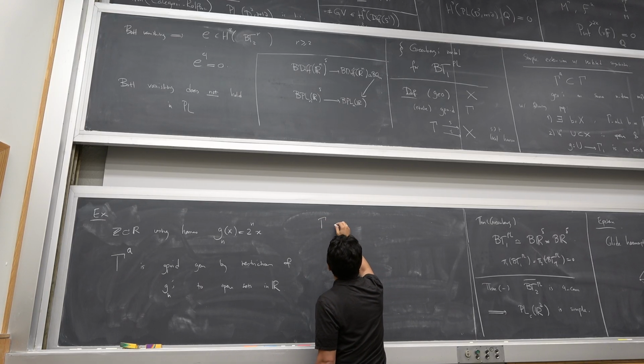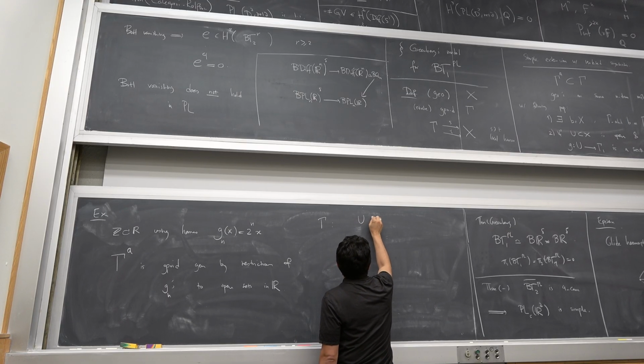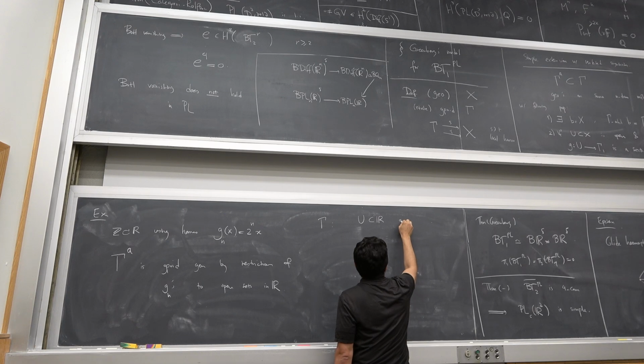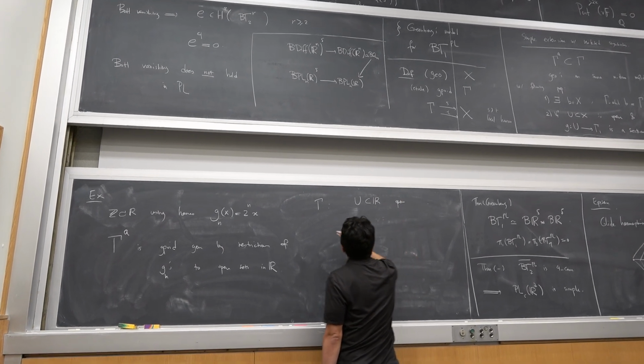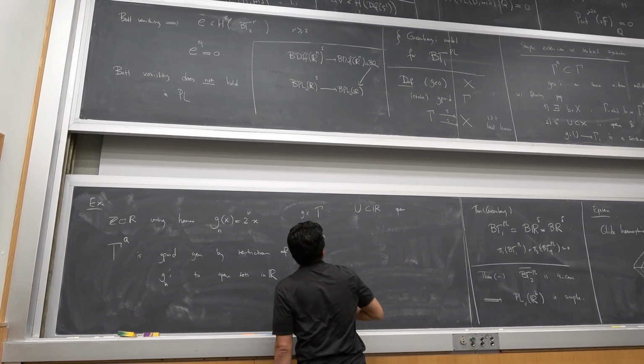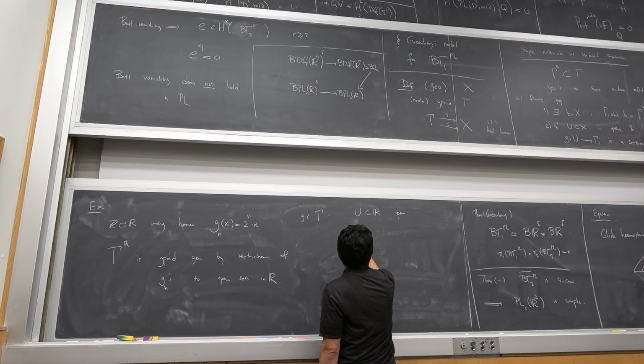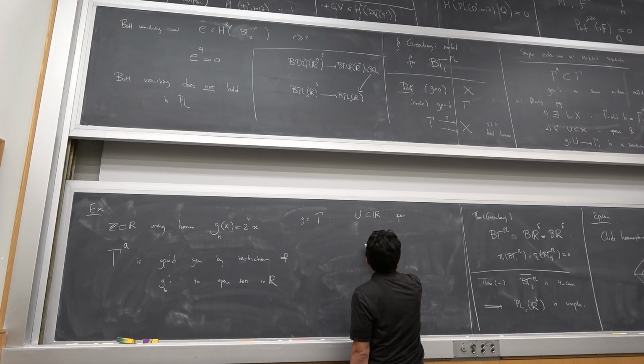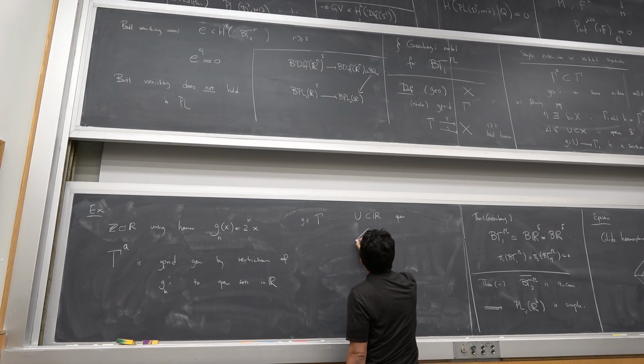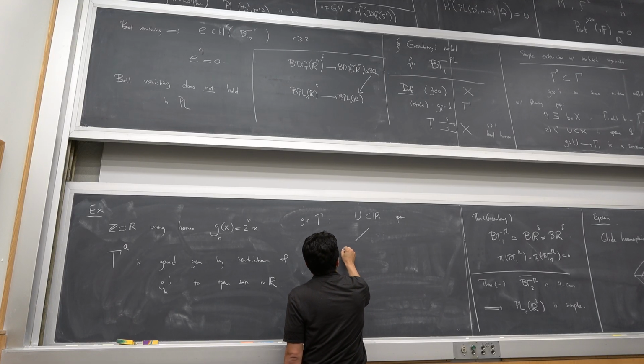So if U in R is open, and say G here, then if 0 is not in U, the restriction of G to U is given by G_n for some n.